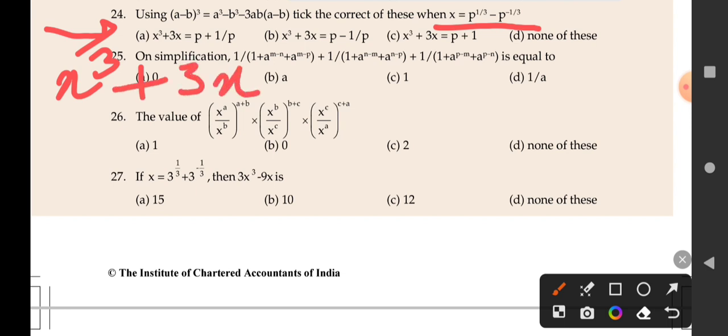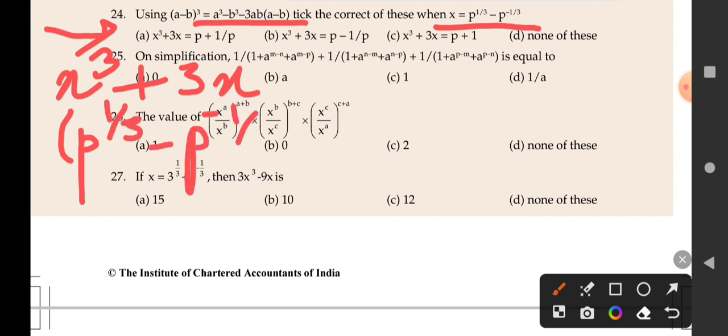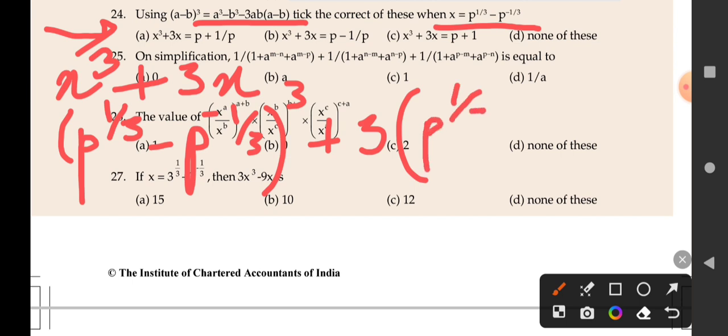So x cube means, with this formula, what do we have? p raised to 1 by 3 minus p raised to minus 1 by 3 whole cube plus 3 into p raised to 1 by 3 minus p raised to minus 1 by 3.